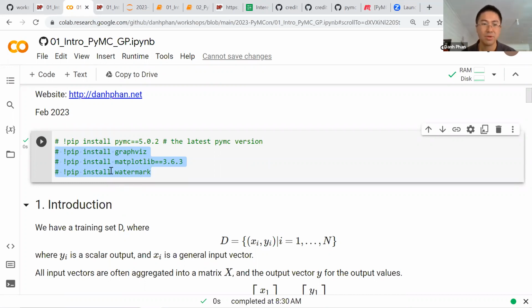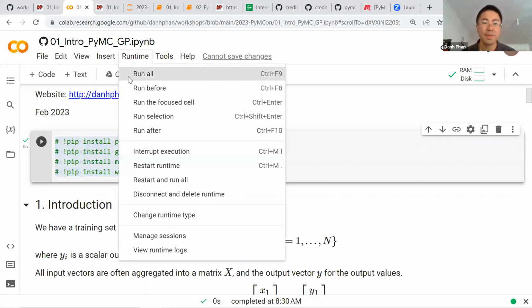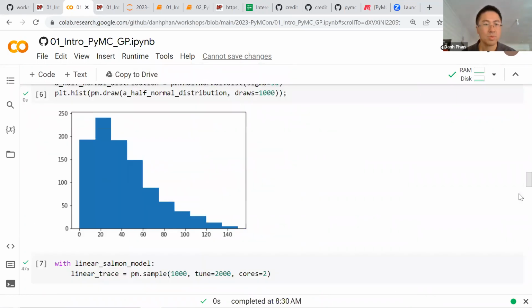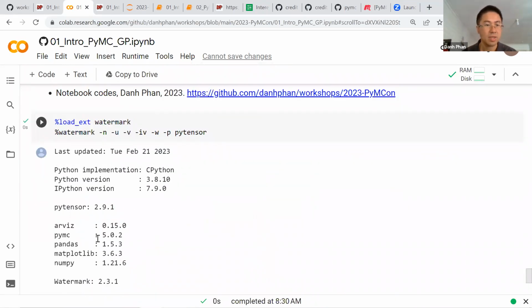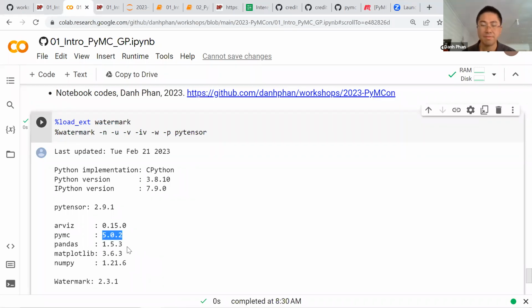After installing all this stuff, it will show you a button called restart the runtime. If you click that, after that you can press command and click run all here, and that will run all the code inside the notebook. At the end, you can see that the listed PyMC version here is version 5.